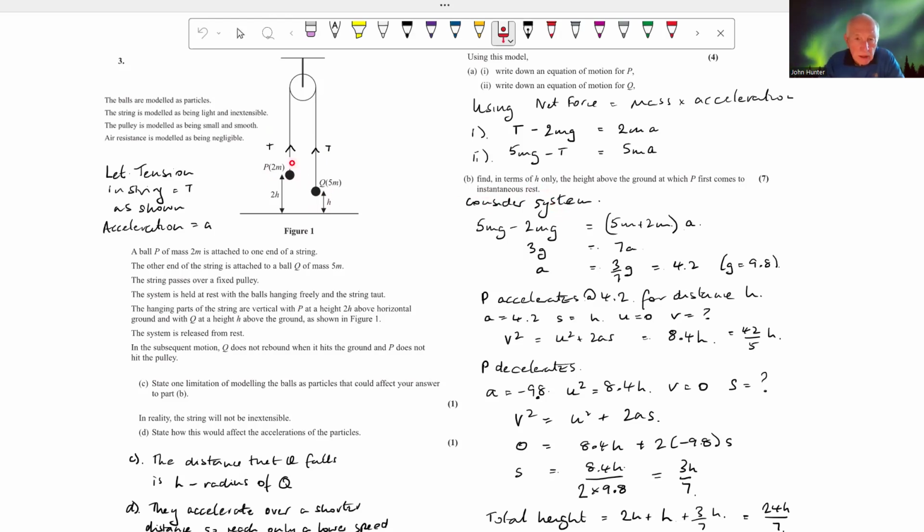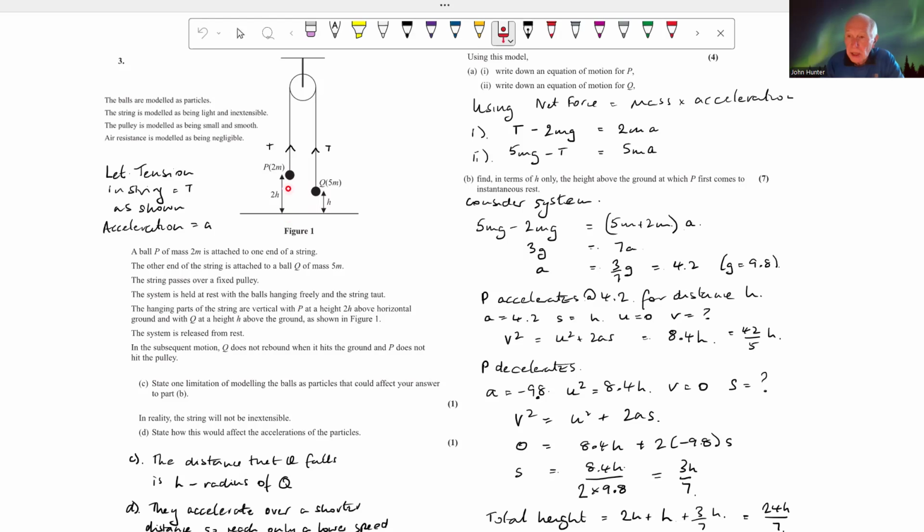So that will happen. It accelerates, but when Q hits the ground, there is no force pulling P upwards. It will continue to travel upwards, but it's now decelerating because of the acceleration due to gravity. It's actually deceleration due to gravity, isn't it? And so it will continue until the velocity is zero.